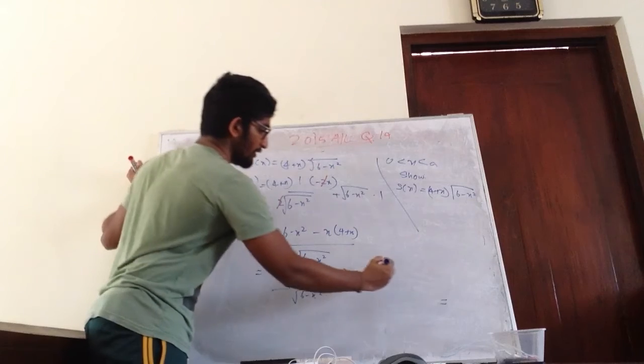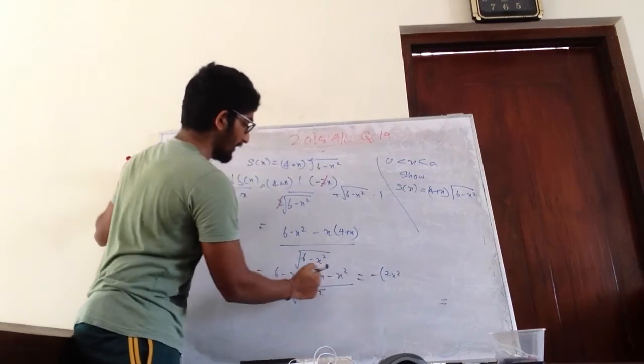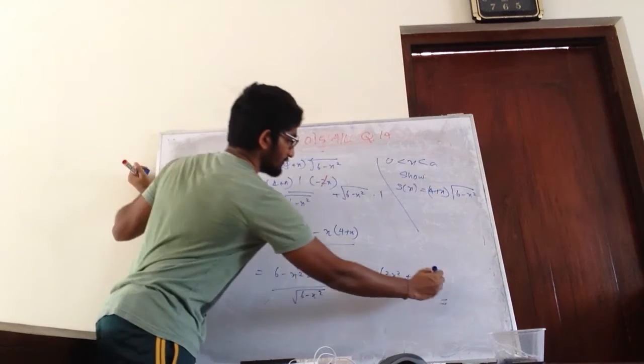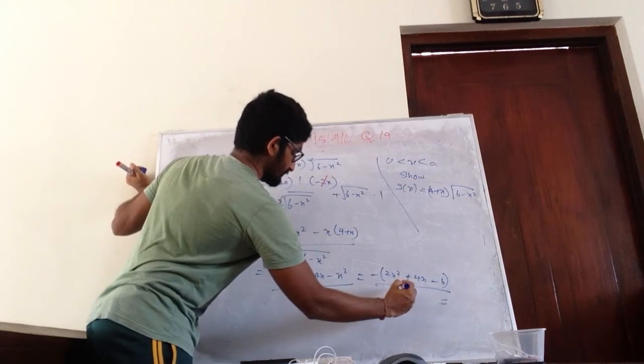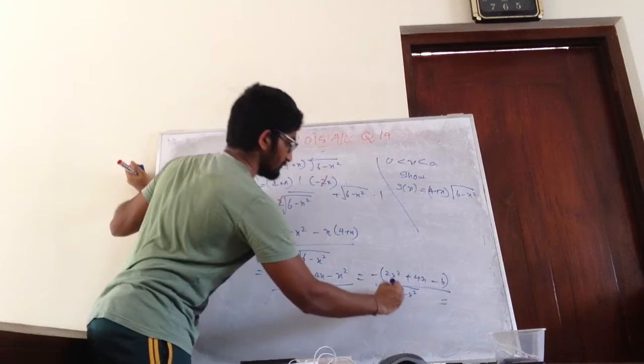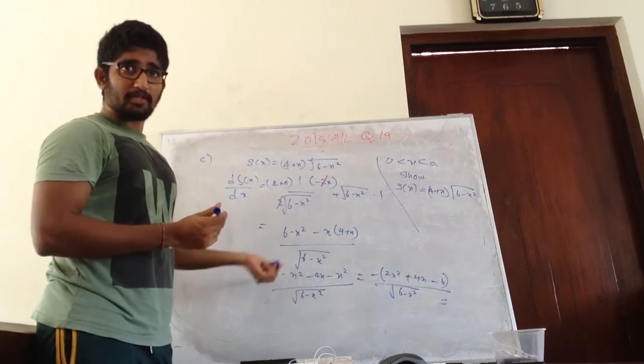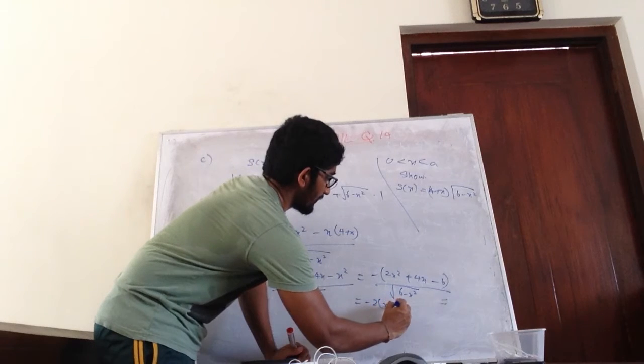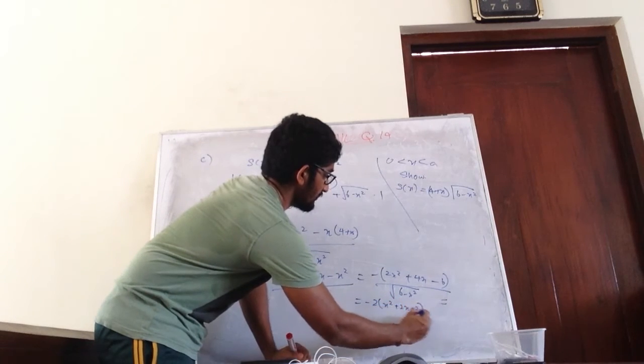So x squared becomes 2x squared, the minus becomes plus 4x, and this plus becomes minus 6. Then I'm going to take 2 out. I will get minus 2 times (x squared plus 2x minus 3).